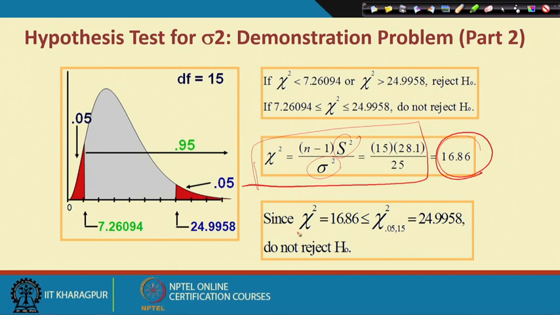Then corresponding to the alpha value and degrees of freedom, you find the critical value, which is coming 24.9958, and since the calculated chi-square is less than the chi-square critical, you are not in a position to reject the true null hypothesis.